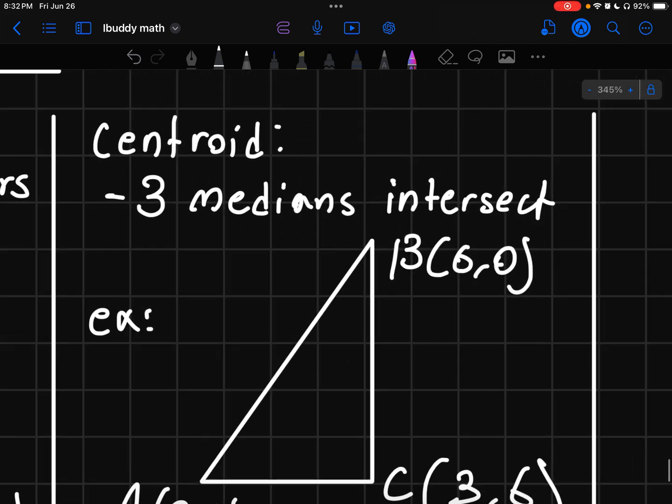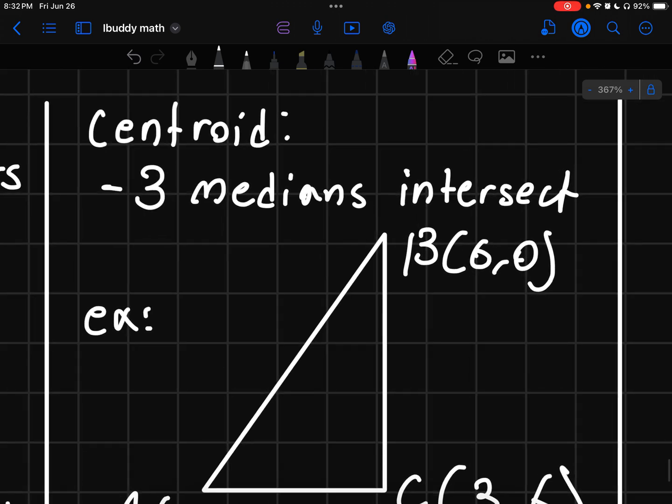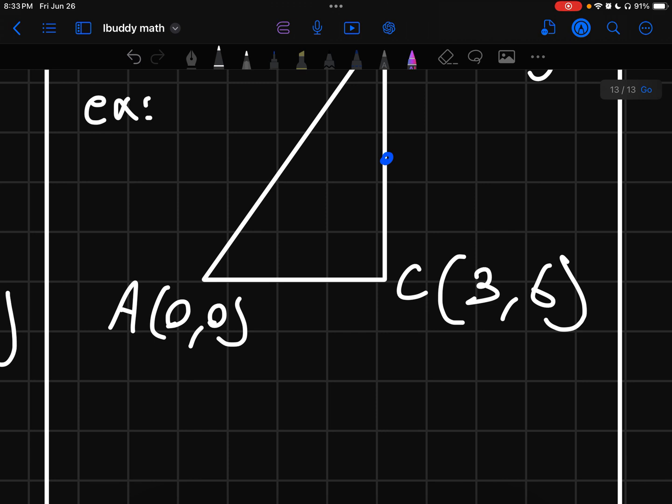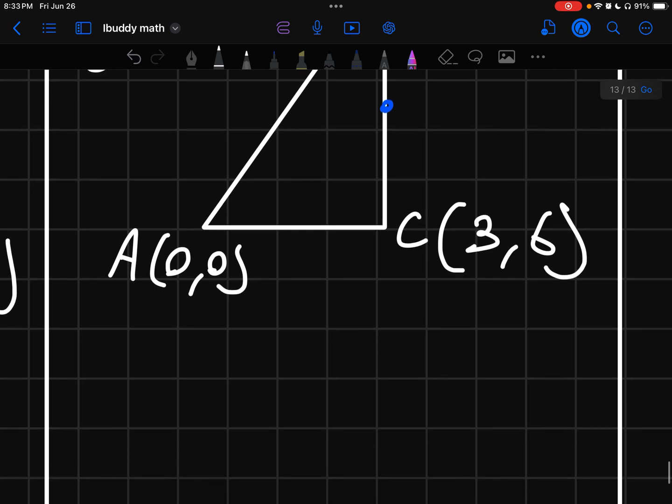So a centroid is basically where the three different medians intersect. Let's go over a sample question where we have this triangle. First we have to find the midpoint of a side. So let's find the midpoint of BC. We have to use the midpoint formula for this.